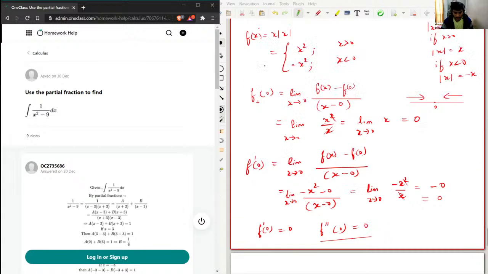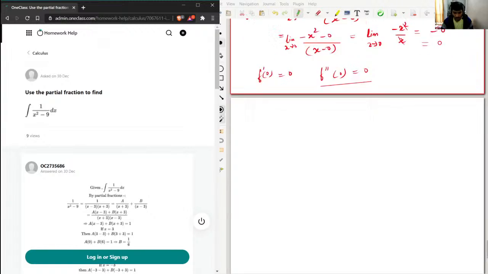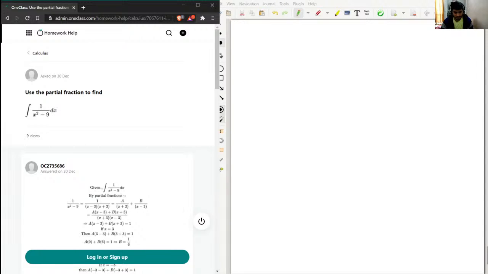Okay, so this will be question number 4. I'll just go with blue color this time. That is, we need to find the integral of 1 over x square minus 9 dx, and we need to find this using partial fraction.